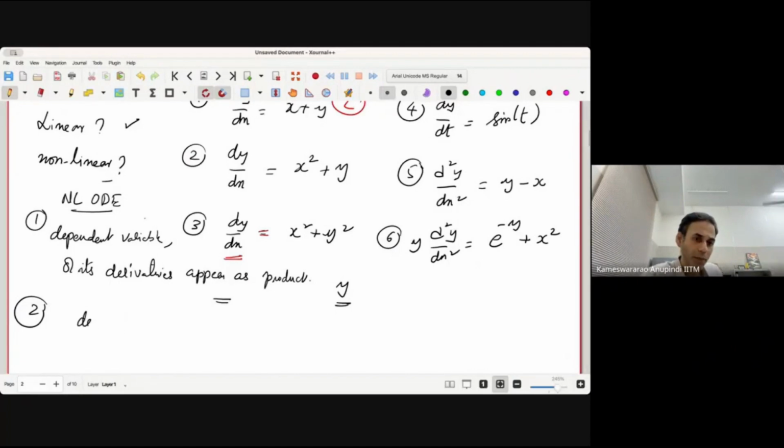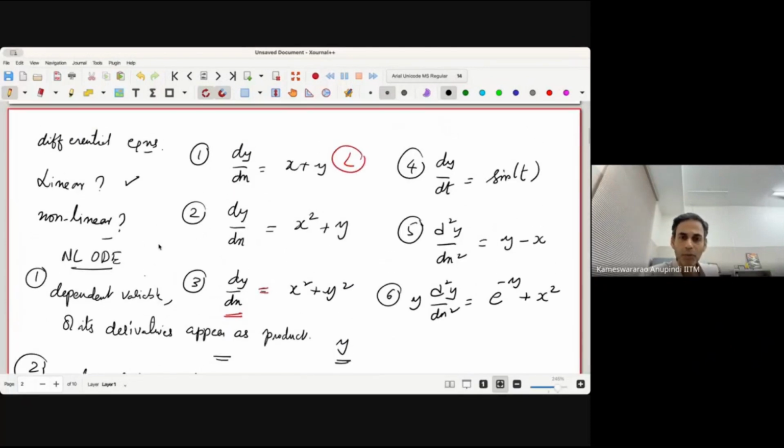Similarly, if the dependent variable is made to go to higher powers, or if it appears in exponentials or any transcendental functions such as trigonometric functions, sines or cosines, then also we call it a nonlinear ordinary differential equation, because these are all nonlinear operators.